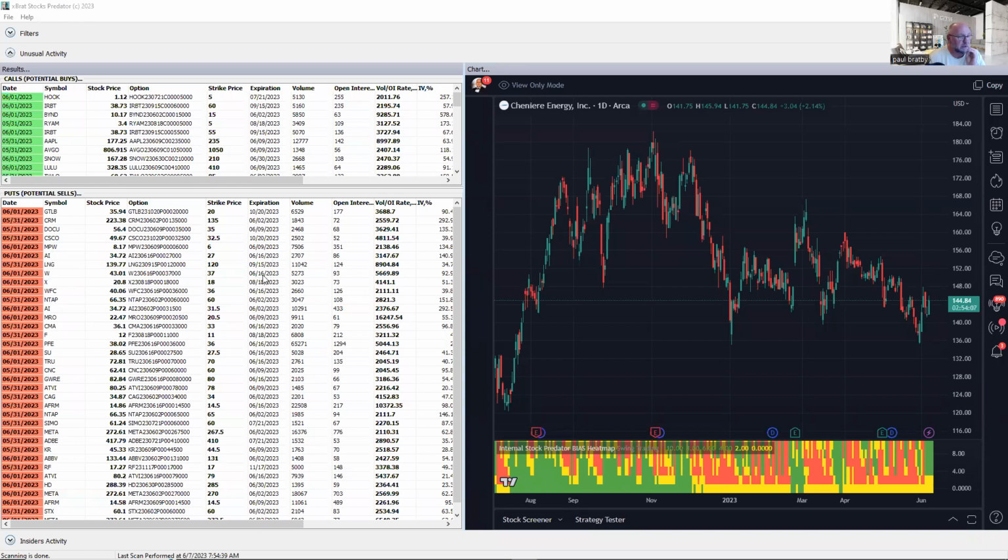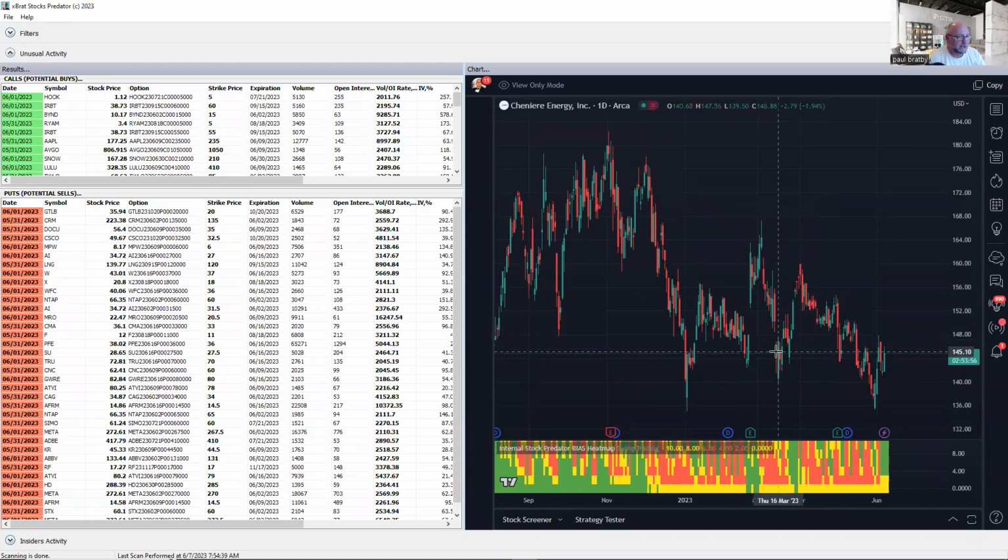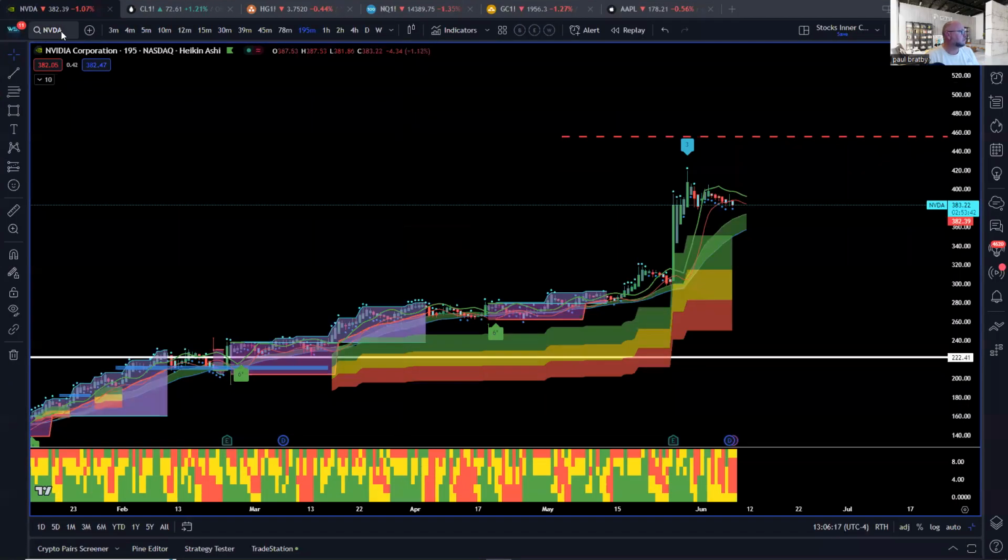So these are puts just to basically offset their long positions. We've just had earnings. It is coming down in a bit of a channel, so they're just hedging their bets right now. A strike price of 120 sort of gets below those lows, so we're just going to have a look at that LNG right now.